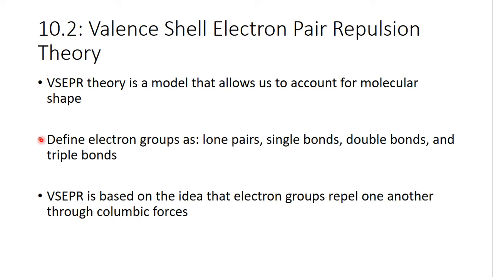For VSEPR, we treat electrons as either lone pairs, single bonds, double bonds, or triple bonds. The whole idea behind VSEPR is that electrons are negatively charged, so in our molecule we have to arrange our electrons in such a way that they are as far away from each other as possible.